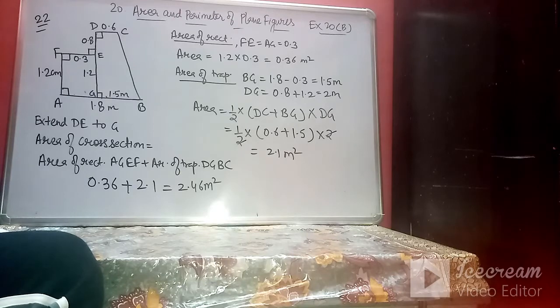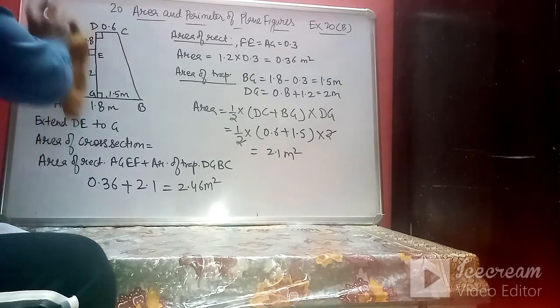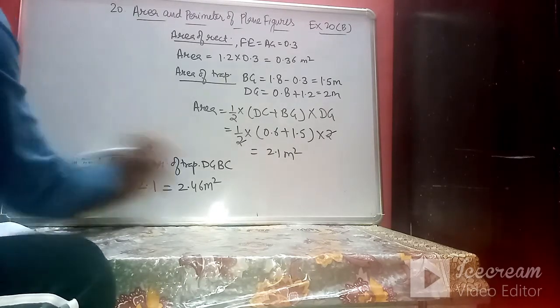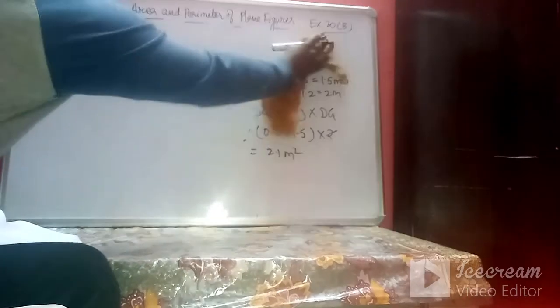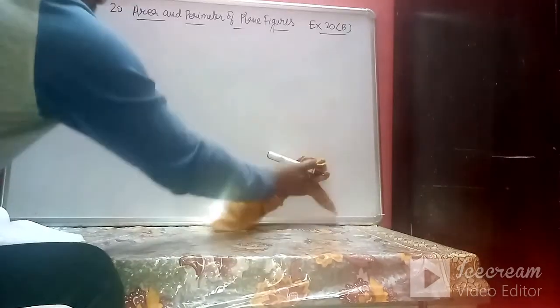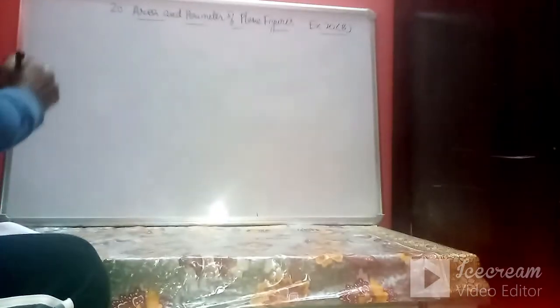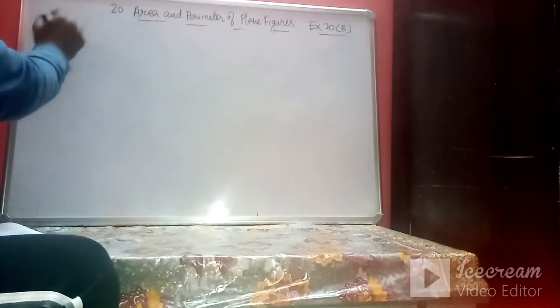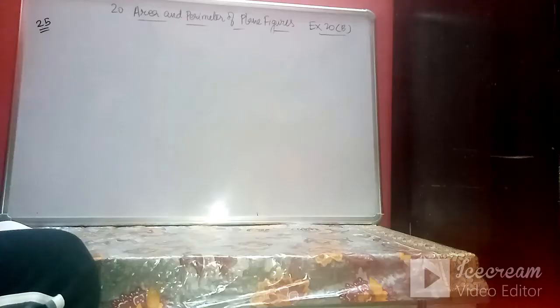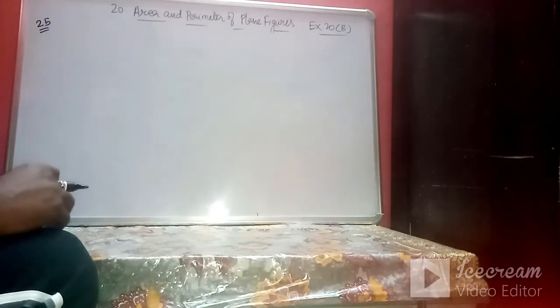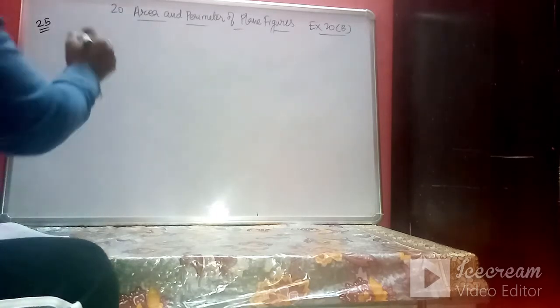Okay, let's discuss question number 25. In the 25th question, a footpath of uniform width runs all around the outside of a rectangular field 30 meters long and 24 meters wide.